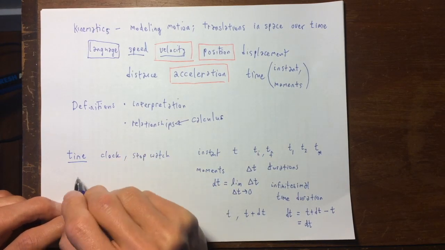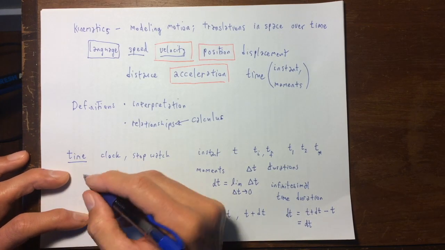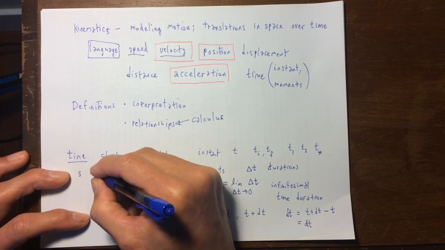So time, of course, is a physical dimension, and so it gets to have a unit, and the SI unit of time is called the second.